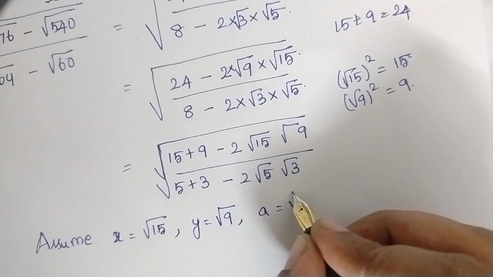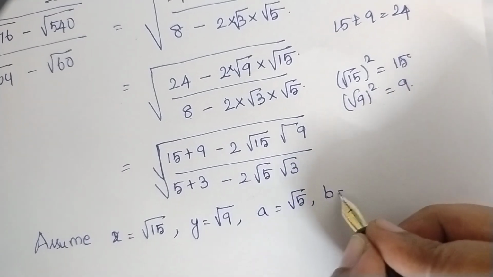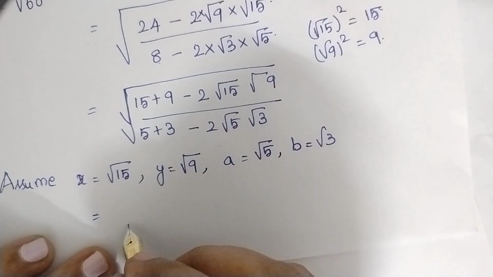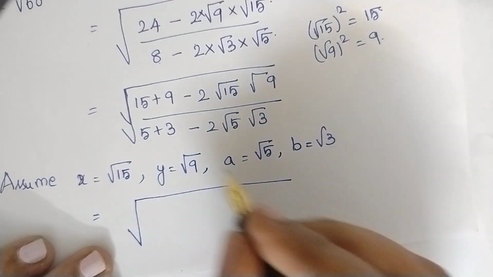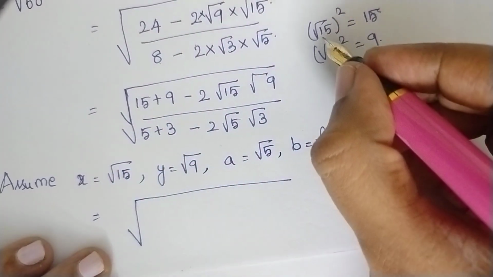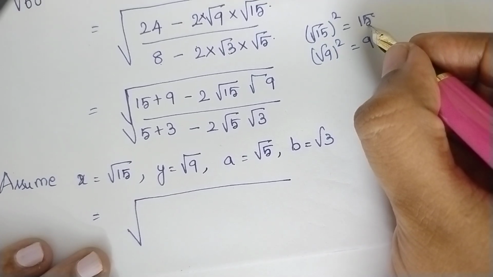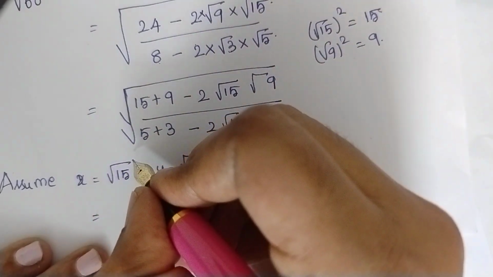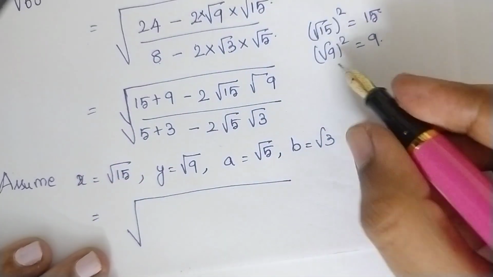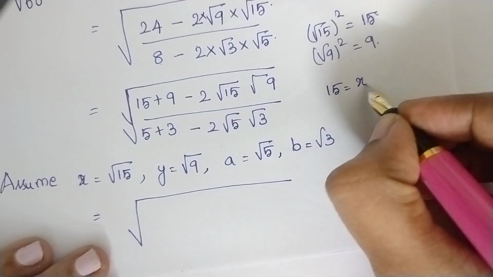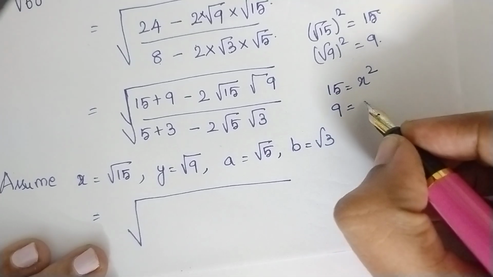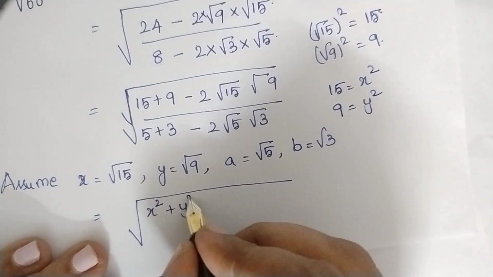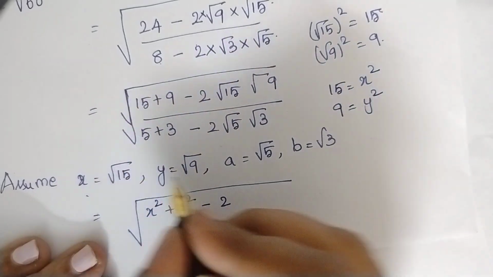Similarly, a is equal to root 5 and b is equal to root 3. Substituting, 15 is x square and 9 is y square. Therefore, x square plus y square minus 2 into x into y.